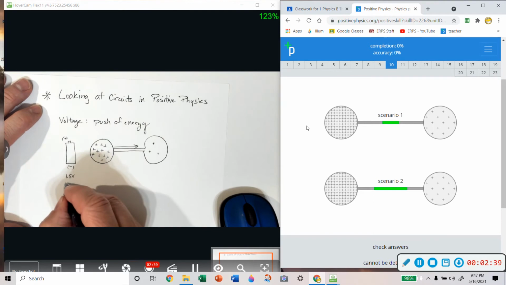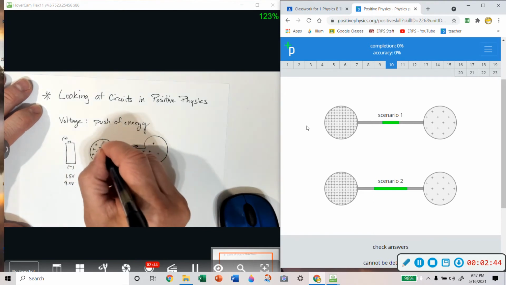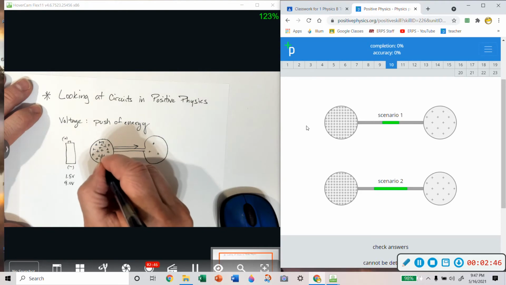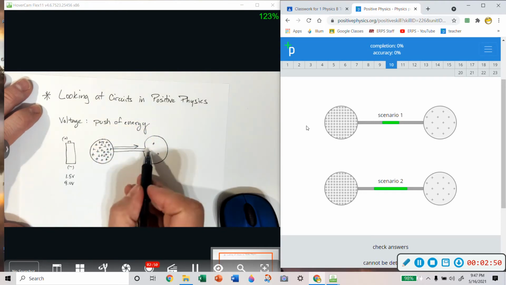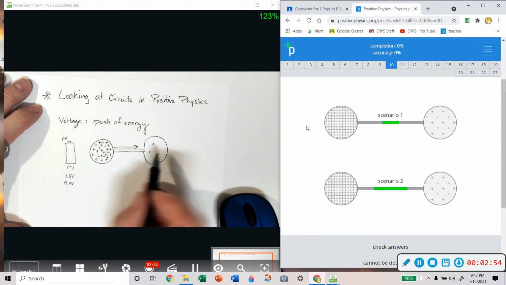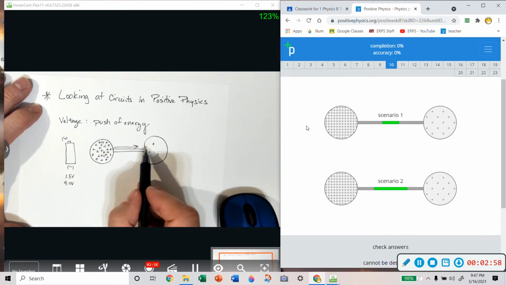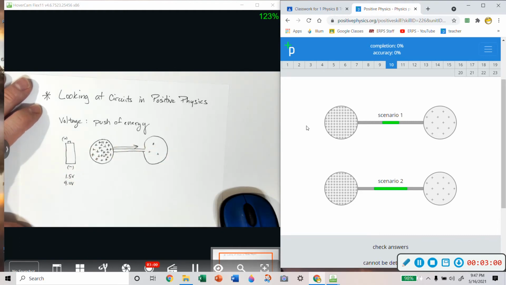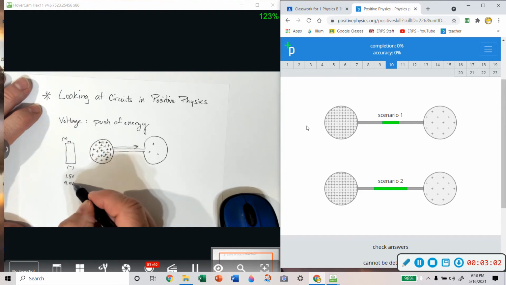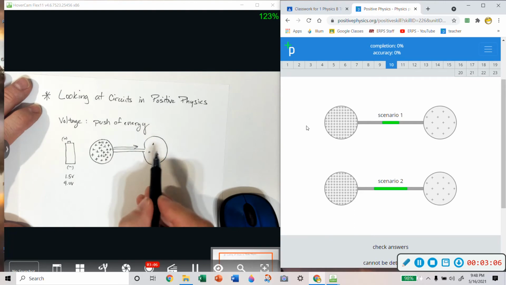But if it's a 9 volt battery, there are even more positive charges at one end versus the other, so electricity is pushed even faster through this wire. That would have a higher or greater current. So the higher the number, the greater the difference between the two sides. From high concentration to low concentration, that's the direction of current.